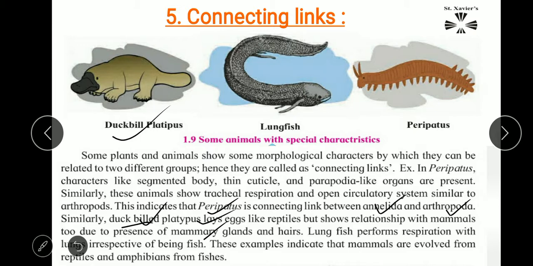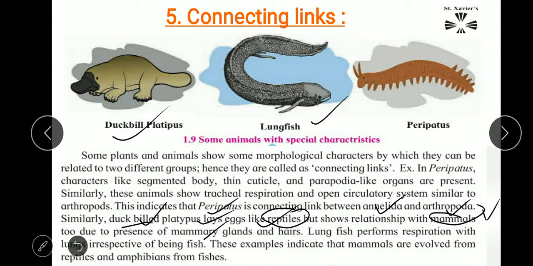So the duckbill is said to be the connecting link between the reptiles and mammals here, students.